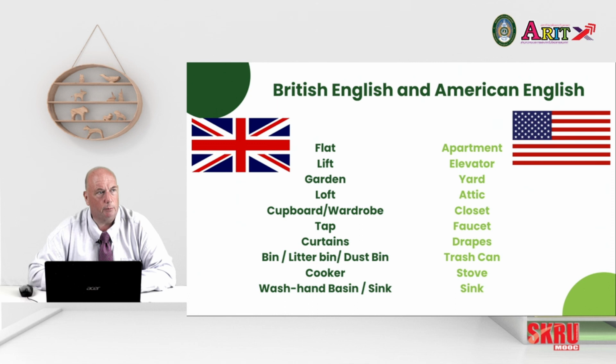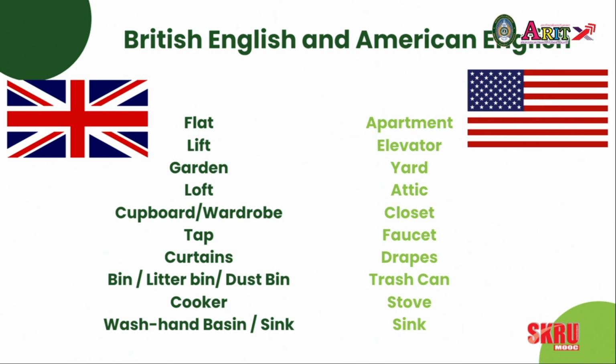Around your windows, we put curtains to keep out the sun and decorate the house. In America, you're more likely to call them drapes. To get rid of your rubbish, we have a bin, maybe a litter bin, dust bin, and you're more likely to find Americans calling it trash can. In the kitchen, when you want to make food, you cook on a cooker.